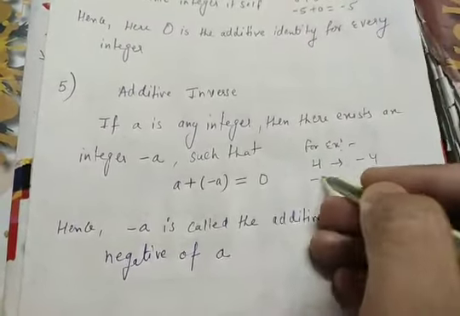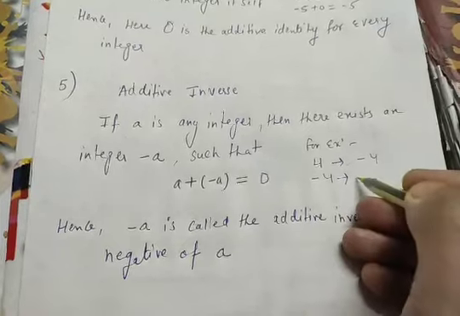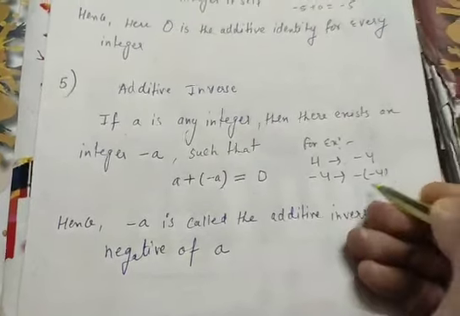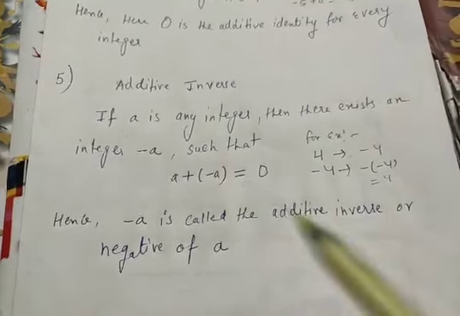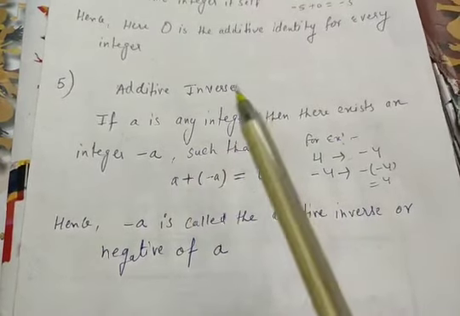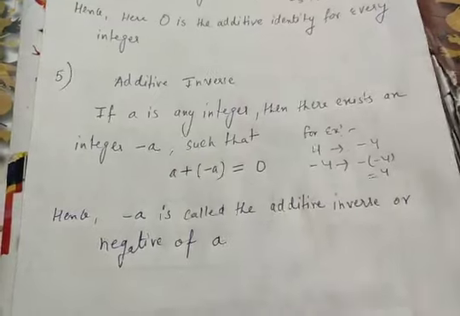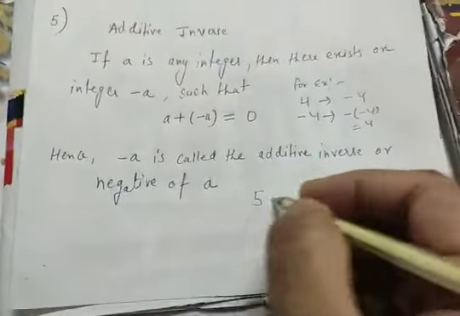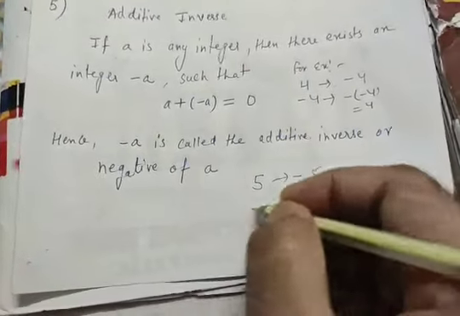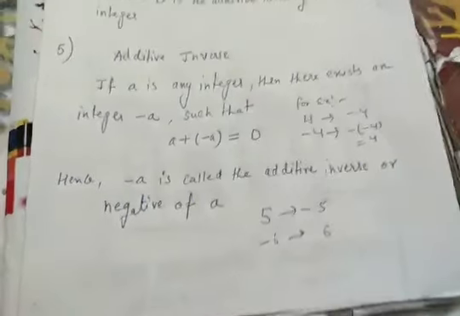If I take minus 4, then the additive inverse or negative of minus 4 will be 4. Negative of a negative will give plus. So if you want to find the additive inverse or negative of any number, you have to just change the sign. Means 5 will become minus 5 or minus 6 will become 6.